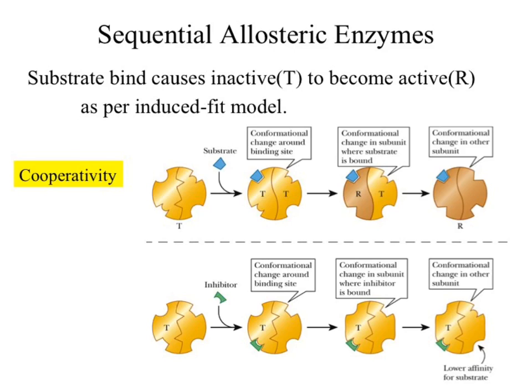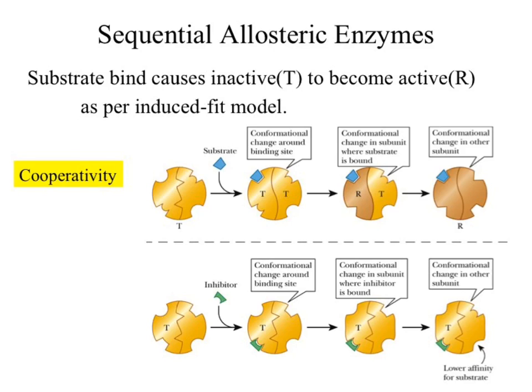The next one, as a mechanism, is the sequential allosteric enzyme. So what ends up happening is we get it moving stepwise through, as opposed to everything happening almost independently of each other. If we look at our initial state, our enzyme starts in the total taut state, not active.